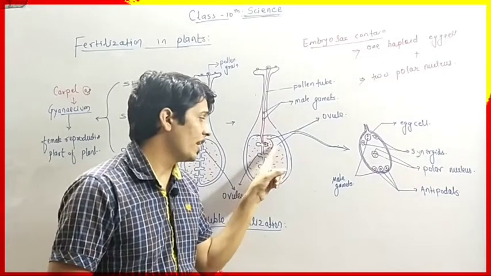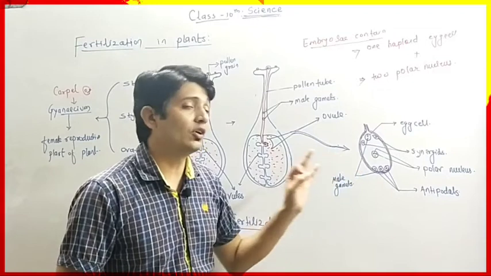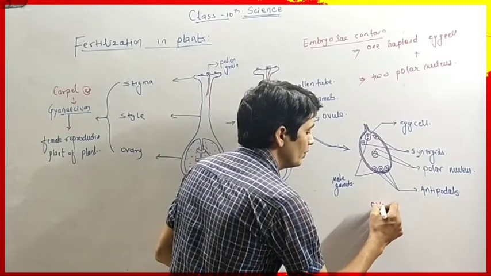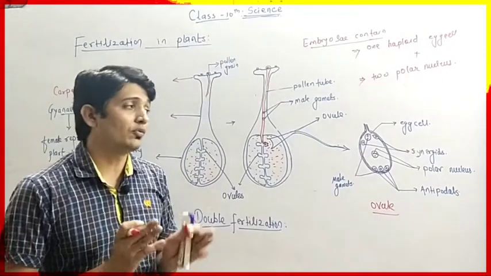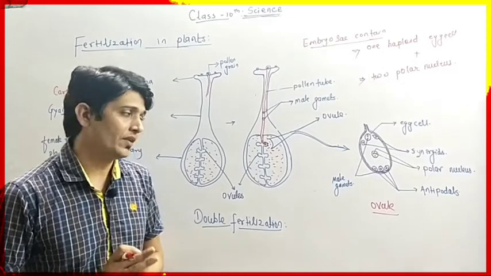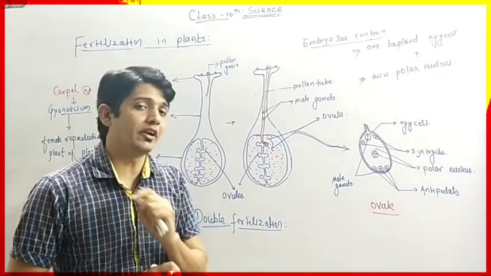Here in this diagram we can see in detail, this is the ovule. The plant or the flower may contain one or many ovules. So we are seeing the structure of only one ovule.